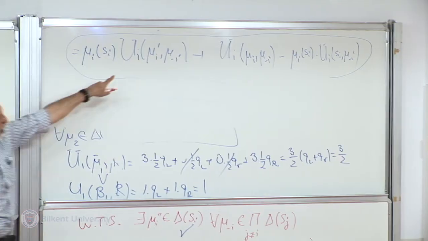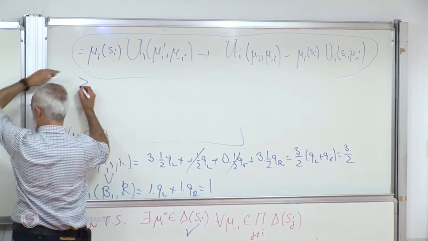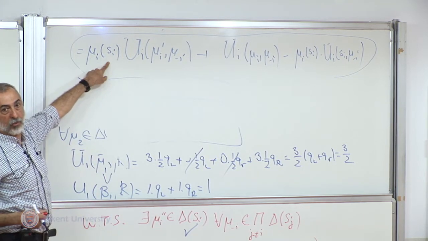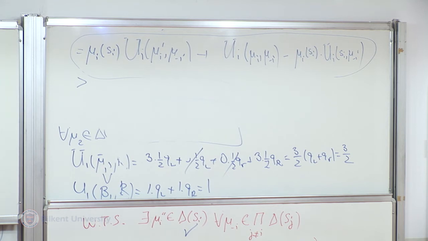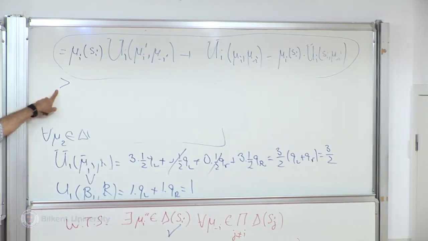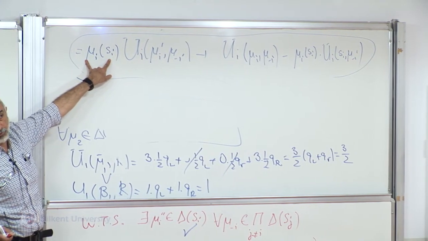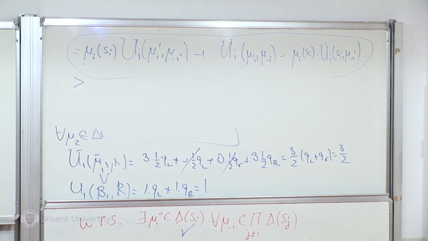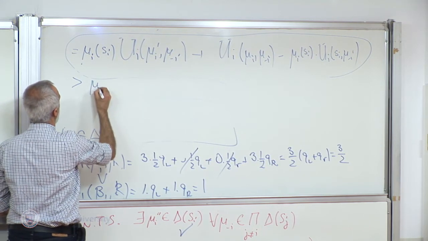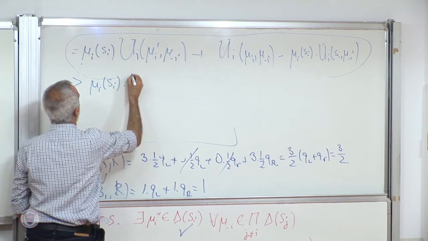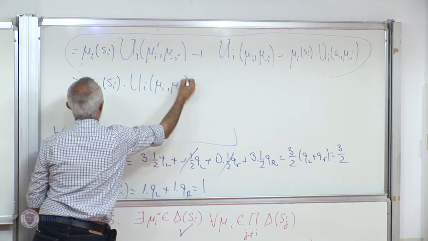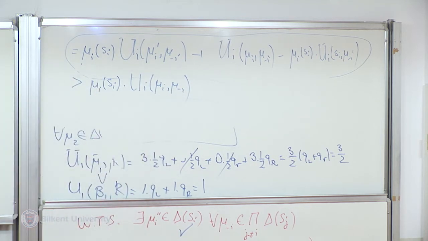So we can replace this with, so that's bigger than, well, we also know that mu_i(S_i) is positive. If I'm going to say it's bigger, I have to make sure that this term is positive. This term is positive. That's how we took mu_i to be. So this thing is bigger than mu_i(S_i) times U_i(S_i, mu_minus_i).